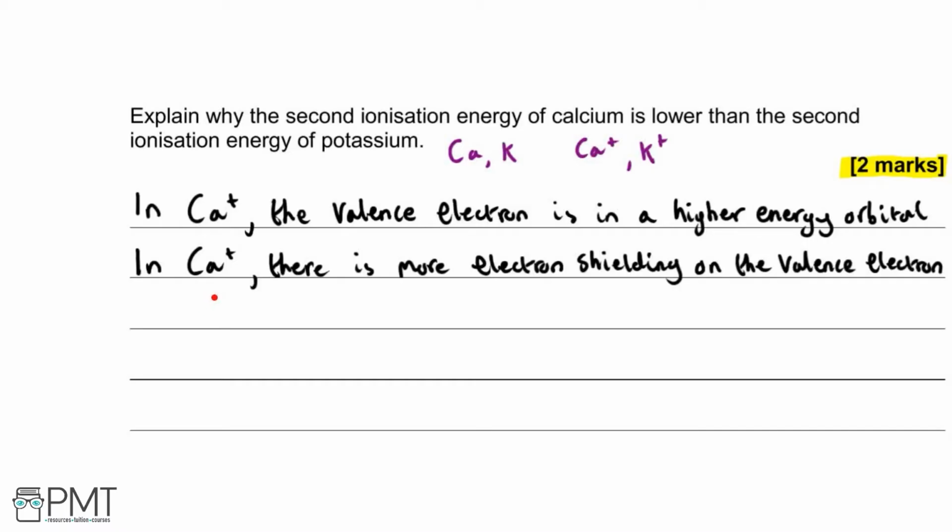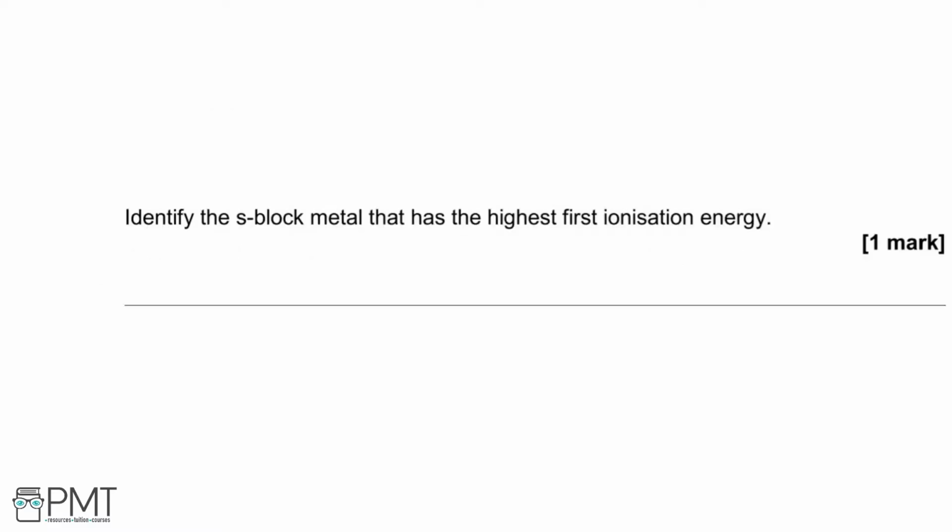Therefore, we're going to have a lower second ionization energy because we have more electrons shielding it from the nucleus. So it's experiencing a lower effective force from the nucleus. So that would be our second mark, mentioning electron shielding. So the first is position of the electron, second is electron shielding, what the rest of the electron structure is doing to affect the ionization energy.